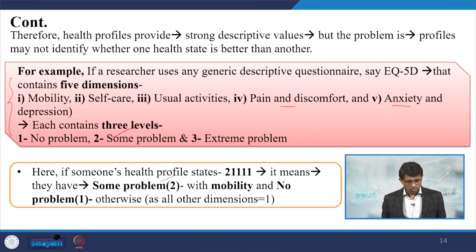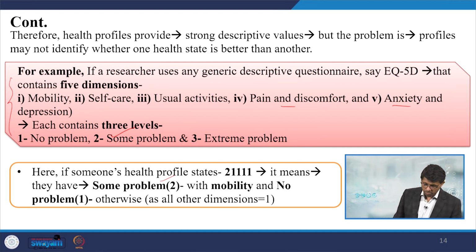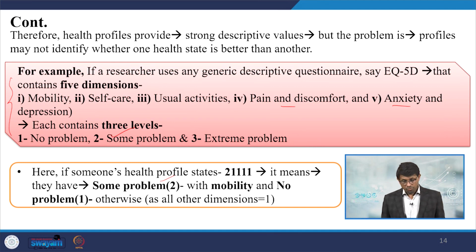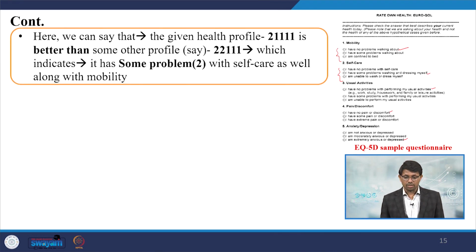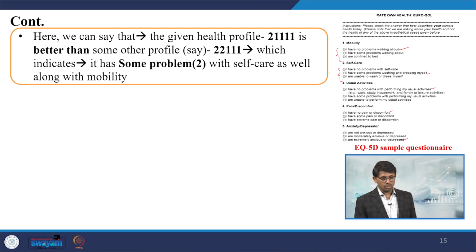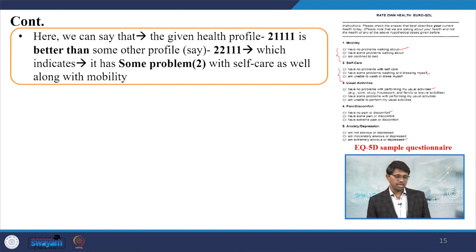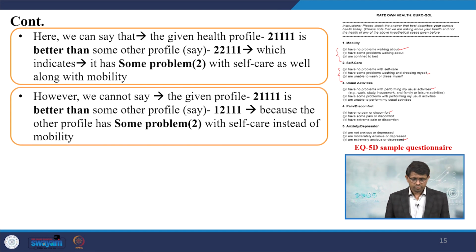You can just see, 1 means no problem. So, 21111 refers to a person having a problem in the health profile. If we have another case with another number, maybe 22111, that means there is some problem noted in the first, and in the second case also there is some problem. This indicates that it has some problems with self care as well, along with mobility.